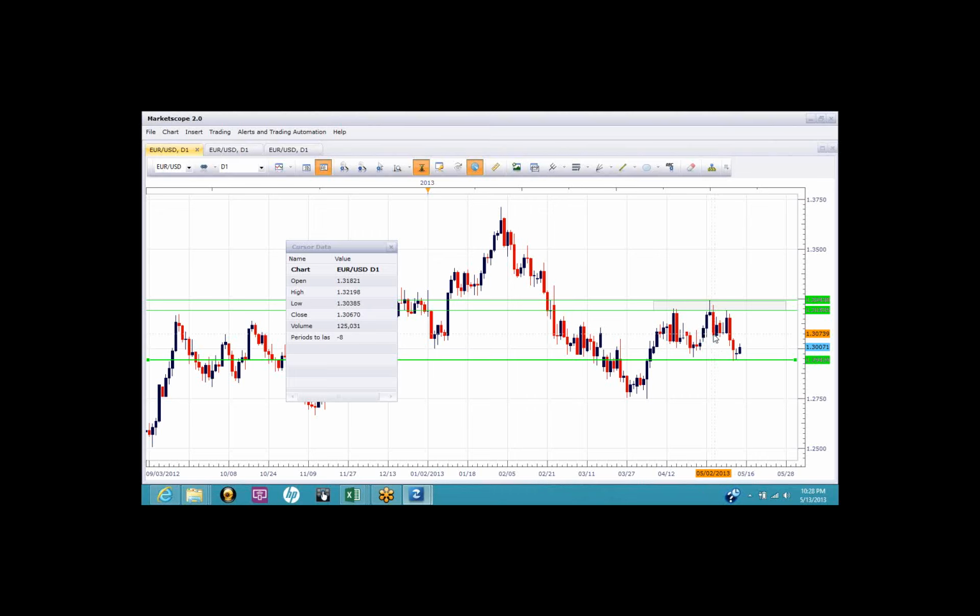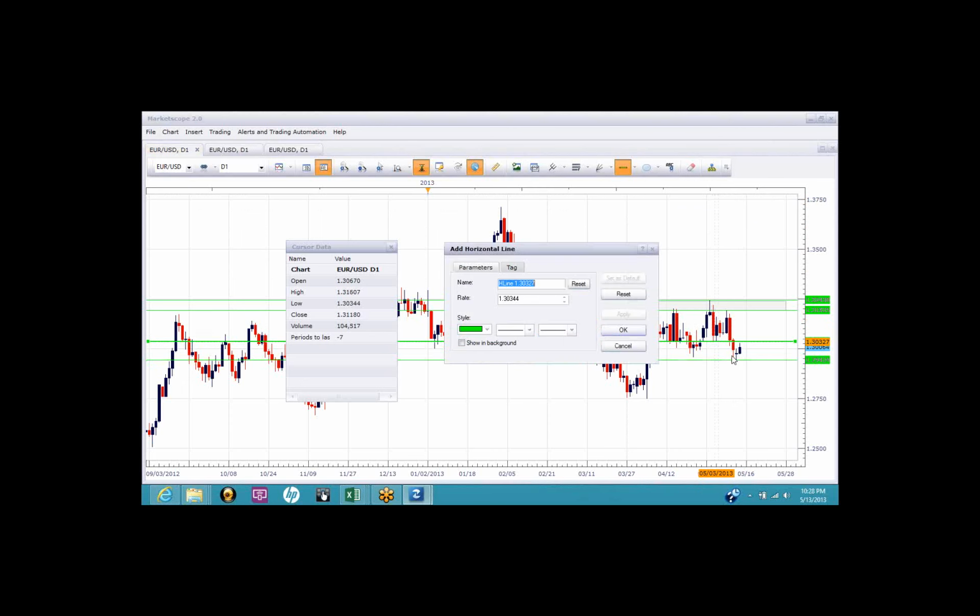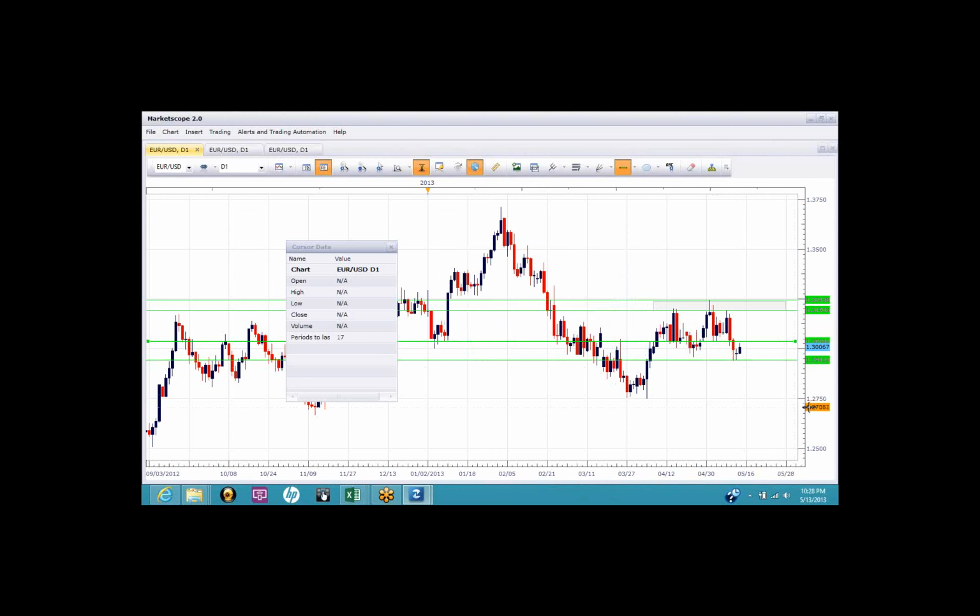Bingo. So now put a line on that 3034, please, on the blue bar. Perfect. So that line or that supply level will be Euro's first challenge.